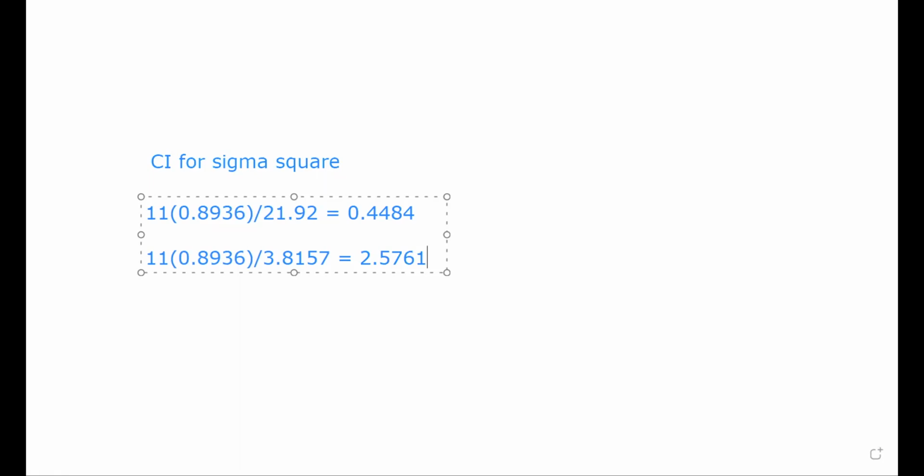Okay. Because we have here, this is the coefficient of sigma square.